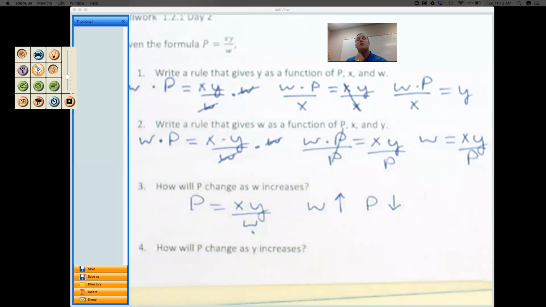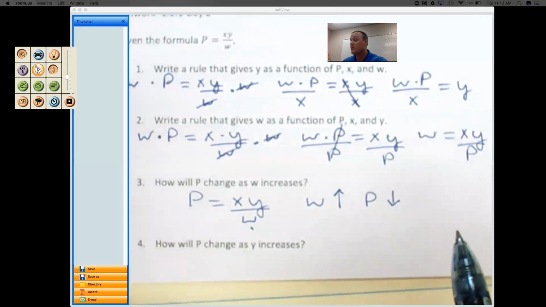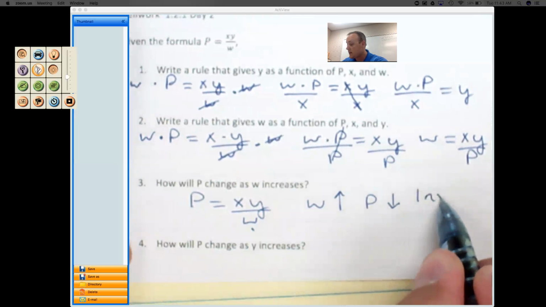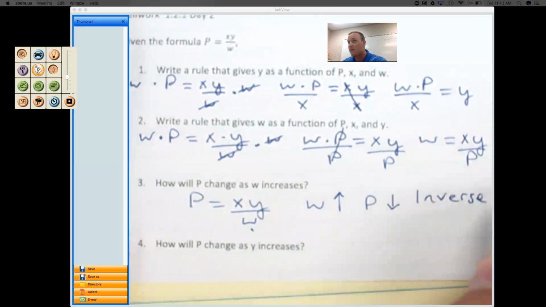No, it's getting cut into more pieces. Into more pieces, into smaller pieces, same thing. Because if it's into smaller pieces, it's smaller numbers. But yes, it's getting cut into more pieces. That is division. Because this is a direct or inverse relation? Inverse. P and w are related in an inverse fashion.